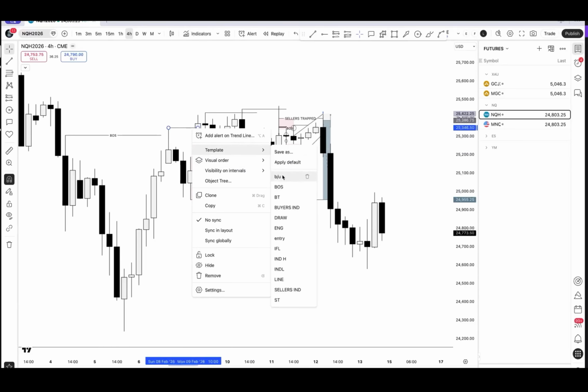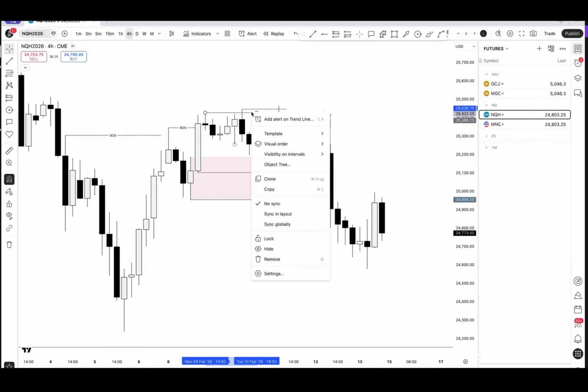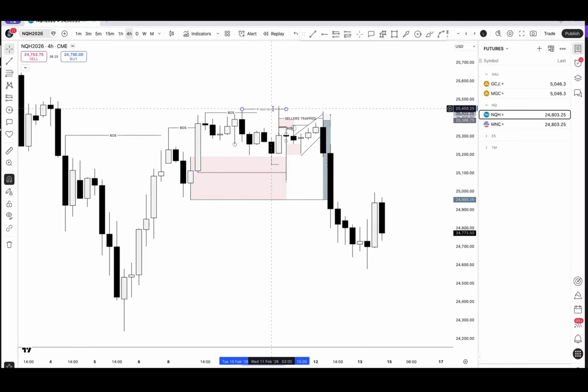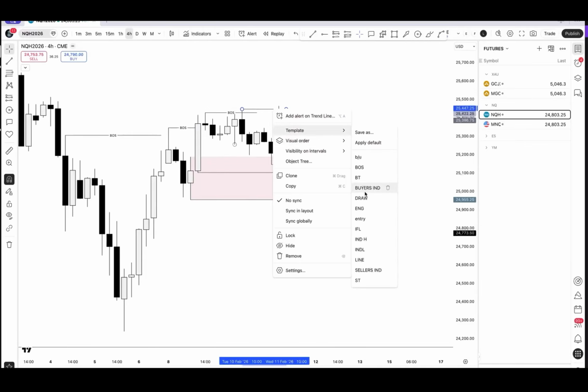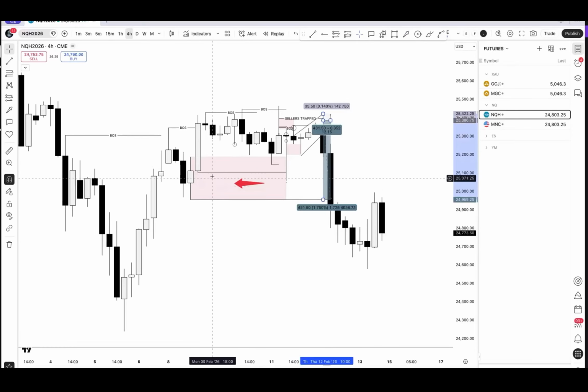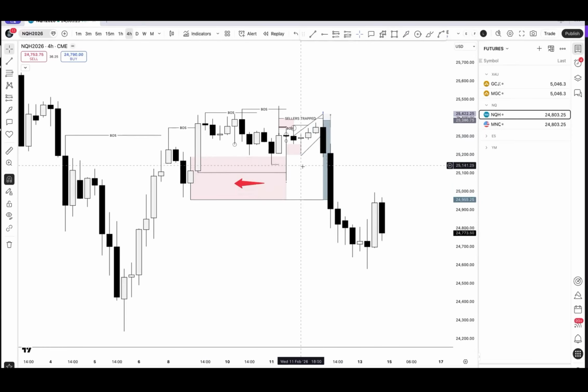Is this not with structure? BOS. Look at the liquidity we're building and we're still respecting this low. How is that not with structure? All we did was sweep this area, sweep the low, still trading in this area here.